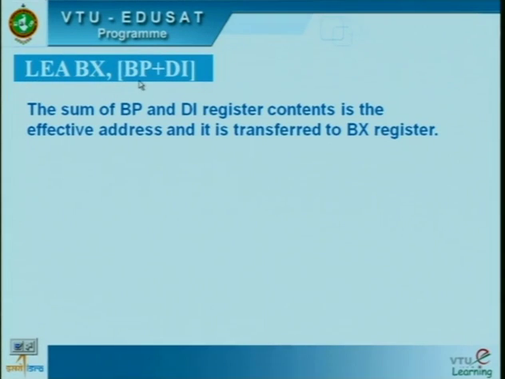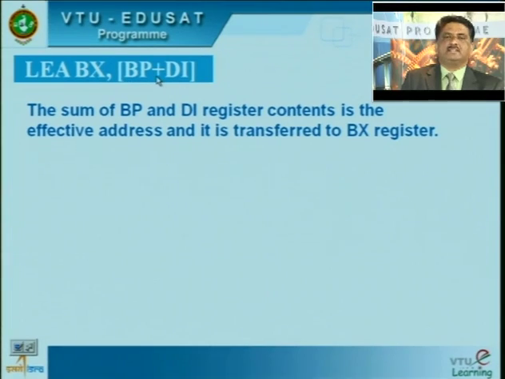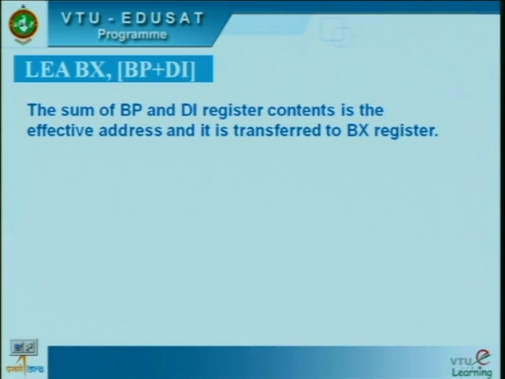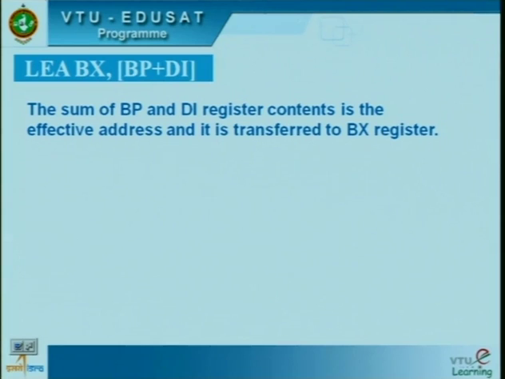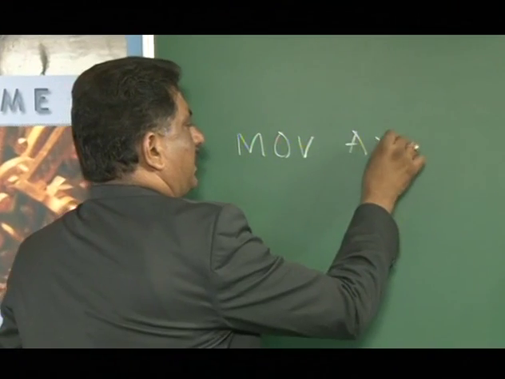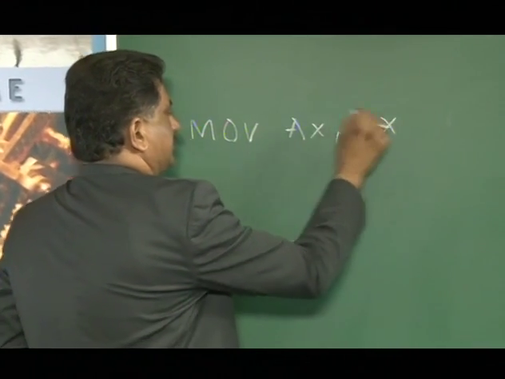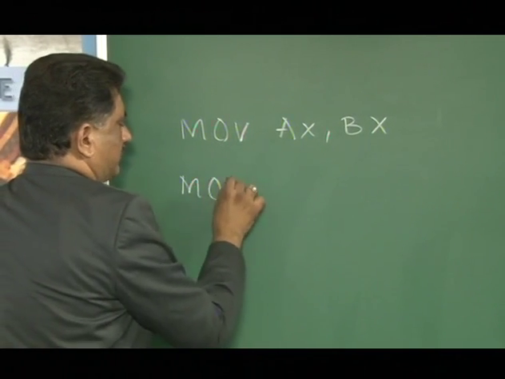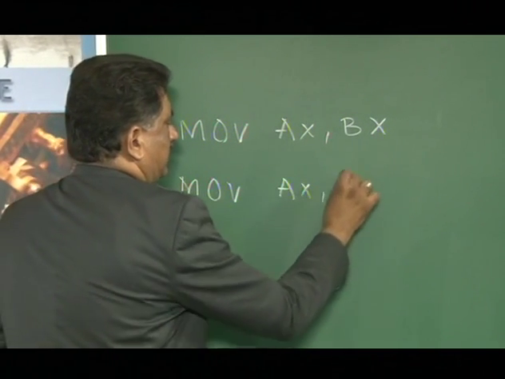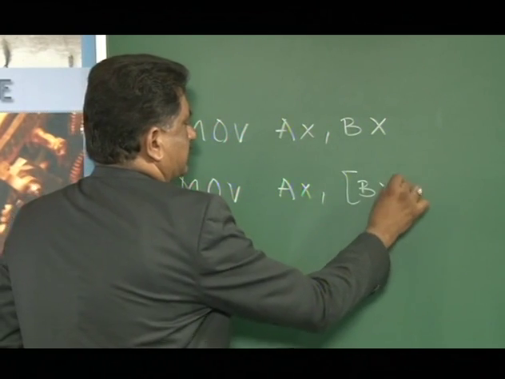LEA BX, [BP plus DI]. My dear students, when you see square brackets, please remember that the square brackets indicate that you are trying to operate with a memory operand. Now, let me take an example. See this, MOV AX, BX, and MOV AX, [BX].